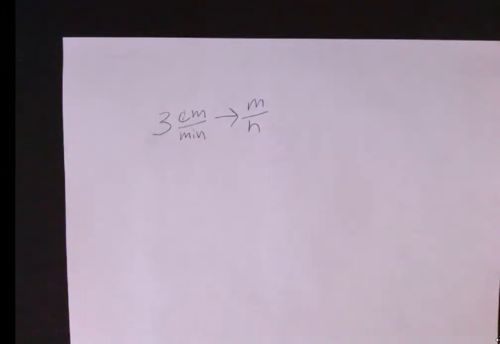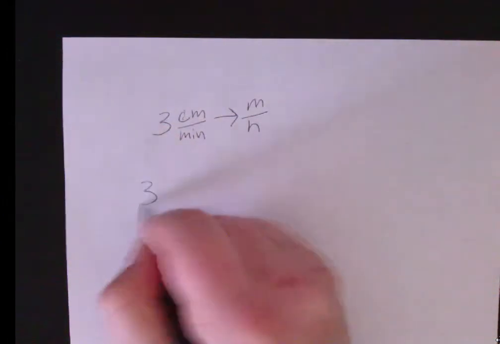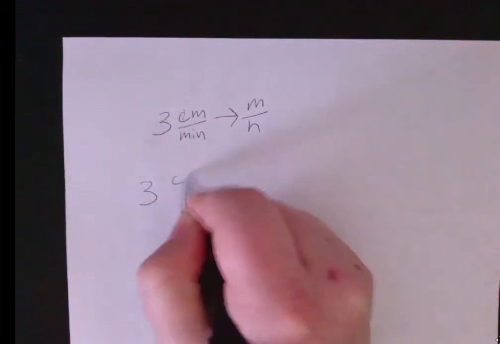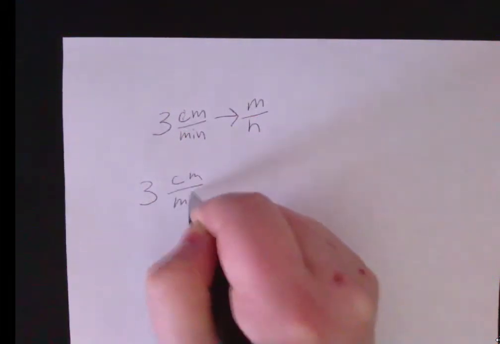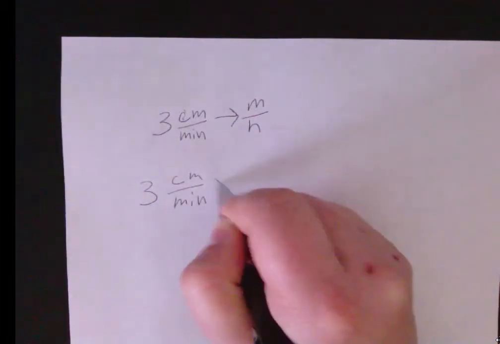And first, when you are doing the conversions, you want to make sure that you're canceling out what you don't want and you're leaving yourself with what you do want. So if I keep this 3 here, we've got centimeters per minute. I'll use multiplication.